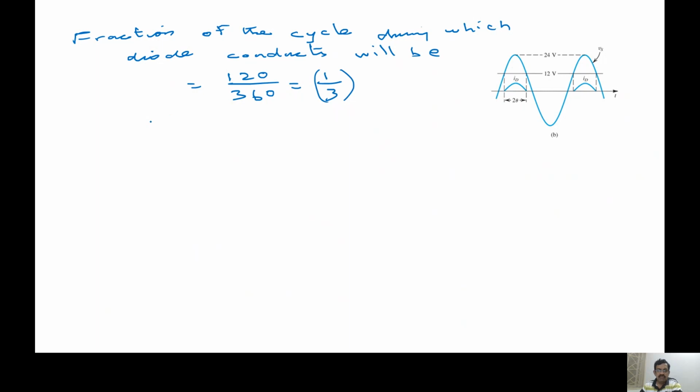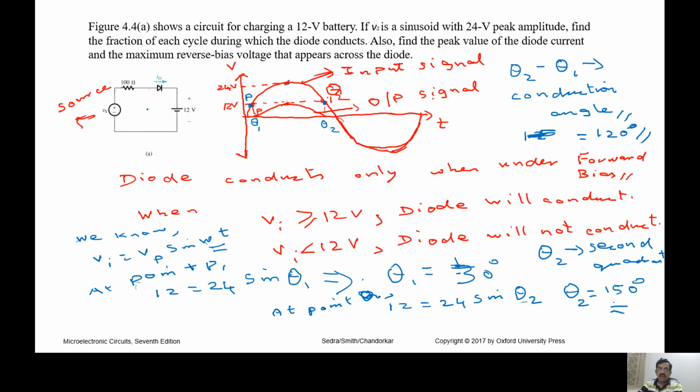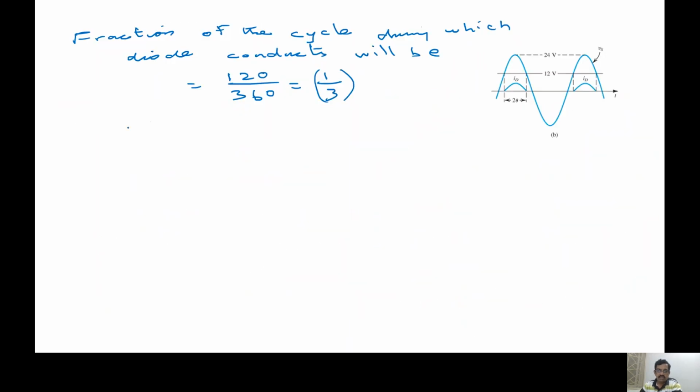Okay. Now we want the peak value of the diode current. So we know that when the diode is conducting, the peak of current and the input voltage are in phase.